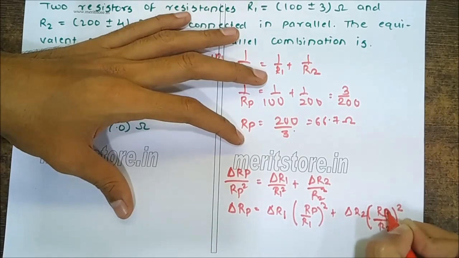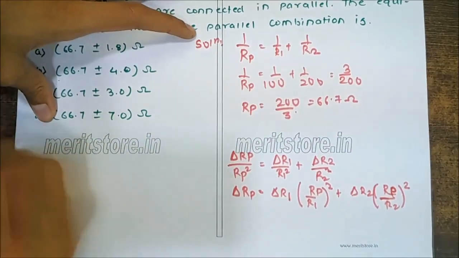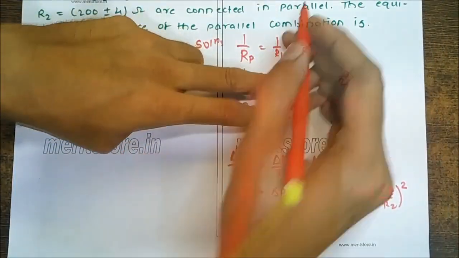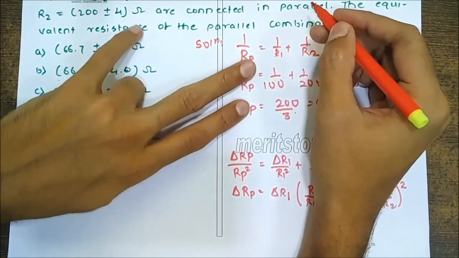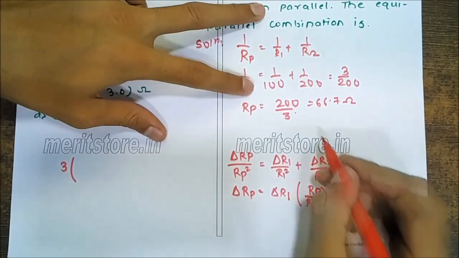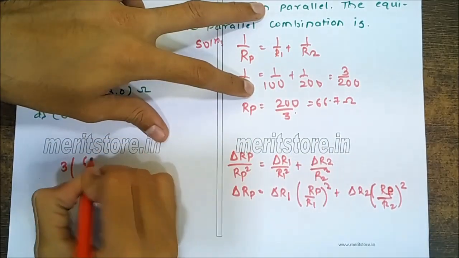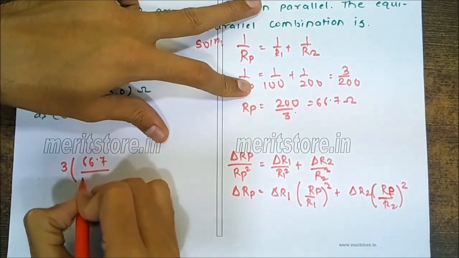Delta R1 is 3, Rp is 66.7, the total effective resistance in parallel, and R1 is 100.